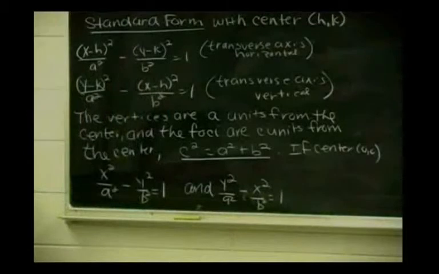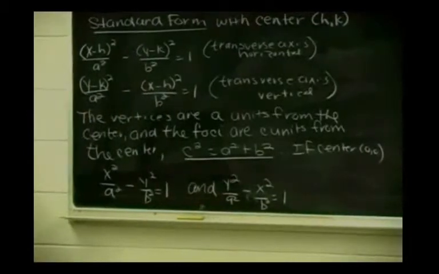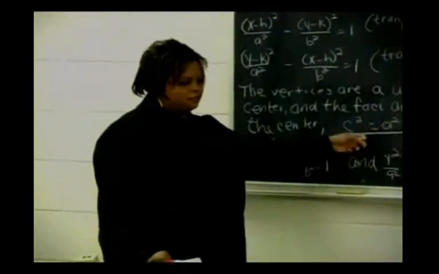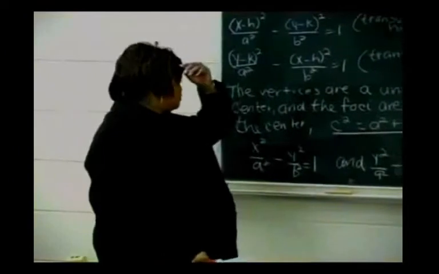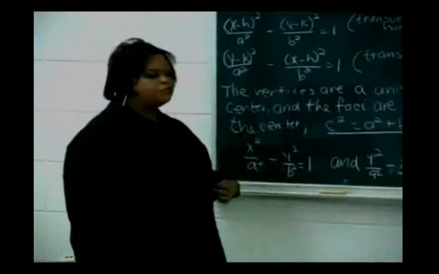For ellipses, c squared was a squared minus b squared. But the vertices were still a units from the center, and the foci were c units from the center. That was still the same.